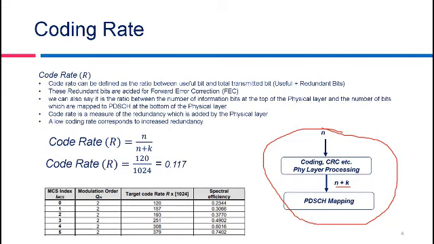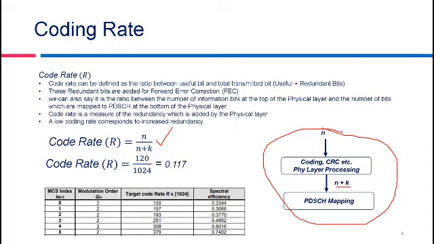So code rate here will be n divided by n plus k. This one. The code rate is a measure of redundancy which is added by the physical layer. A low code rate results in high redundancy.